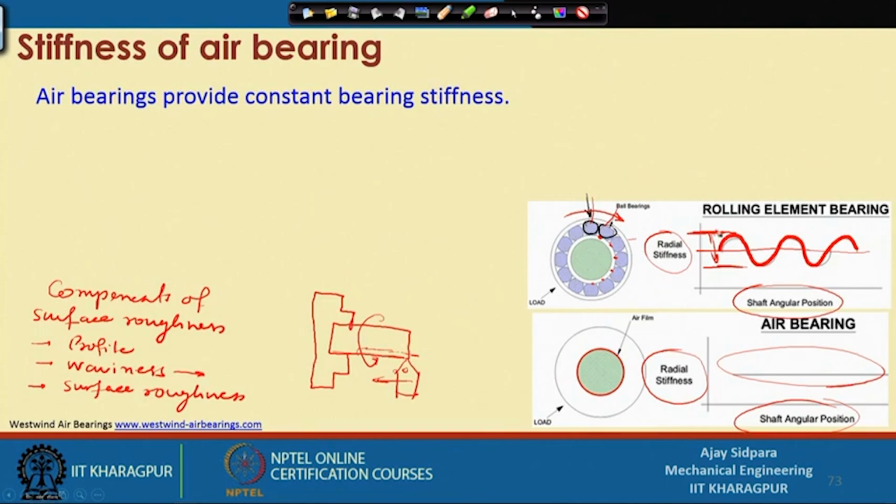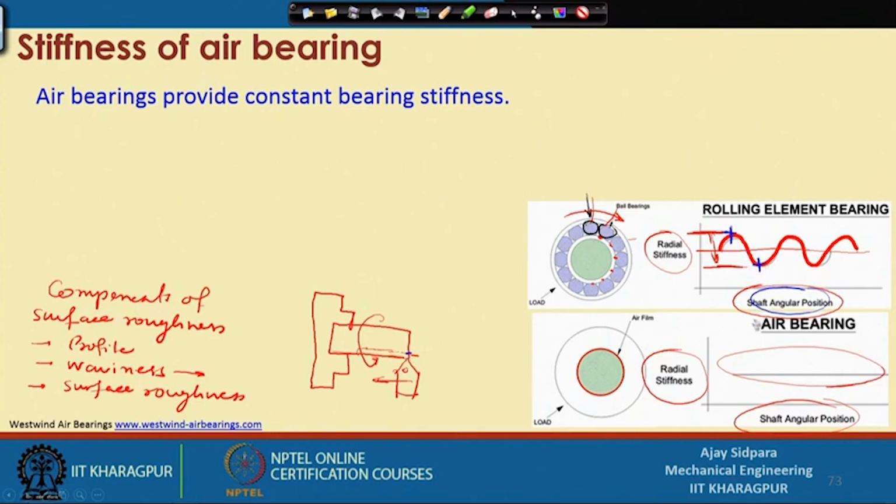When you are starting, at that time your stiffness is high. Let us consider which particular path you are going to get. You are starting with this particular part. As the spindle RPM increases, or it changes the angular position, your stiffness gets changed depending on that. This is the highest location and you consider this the lowest location.